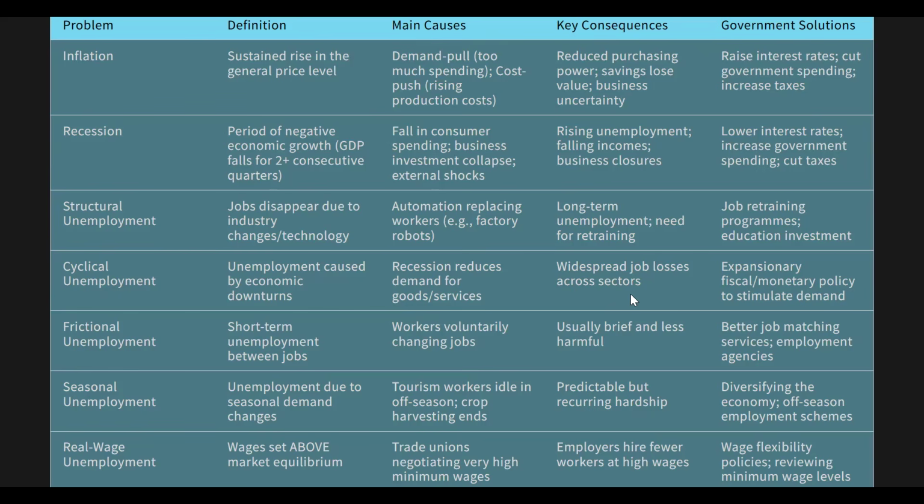Then we have frictional unemployment. And this is basically just when you're in between jobs. So you leave one job and you haven't started a new one yet. That's frictional unemployment. Last one.